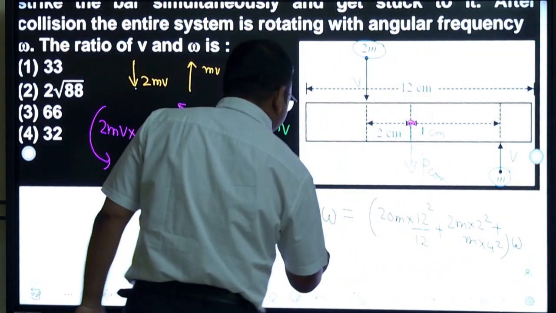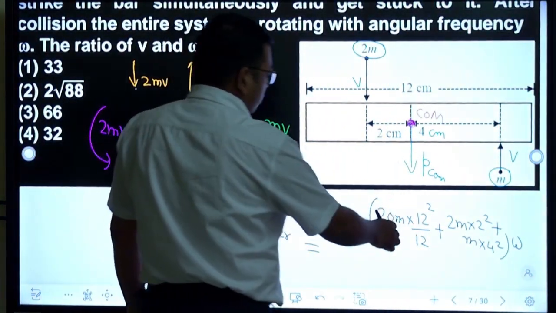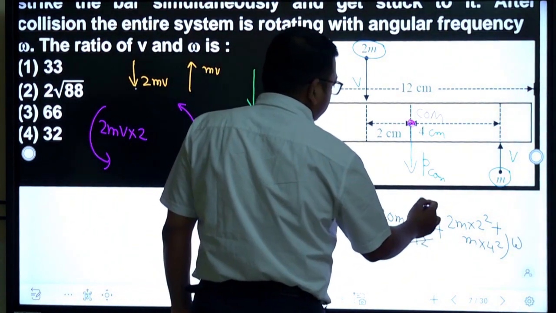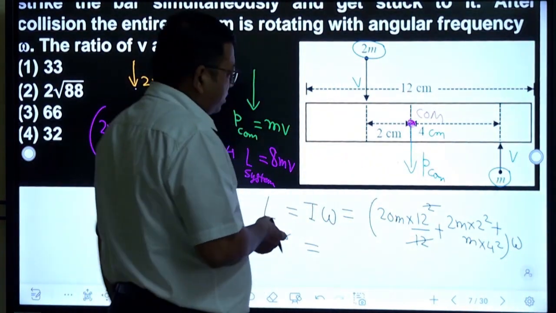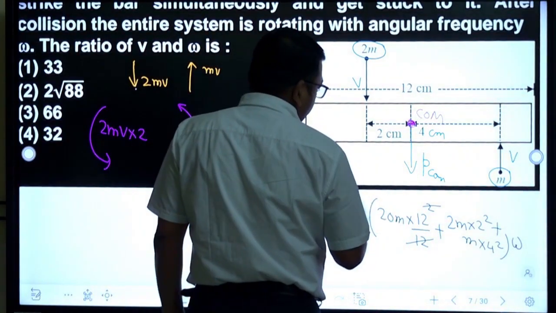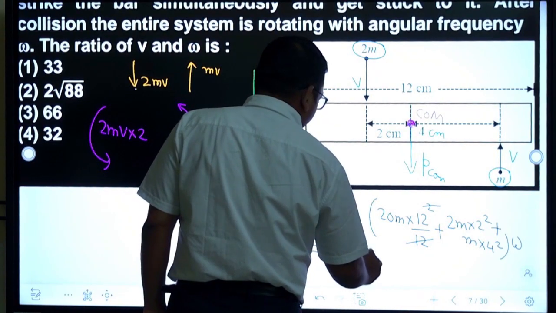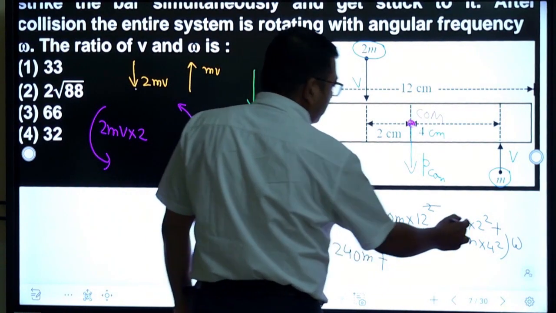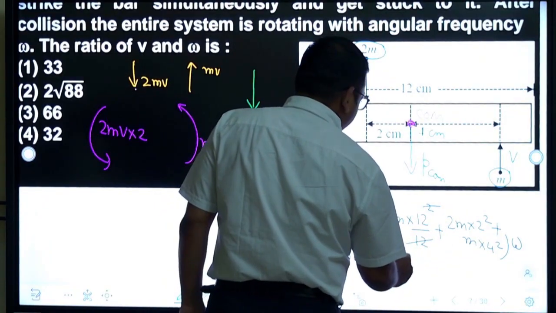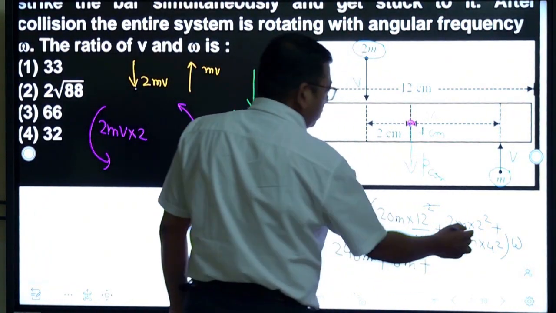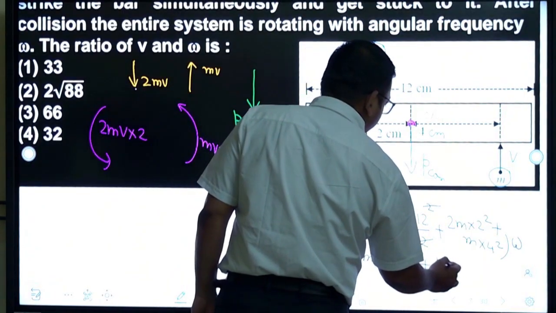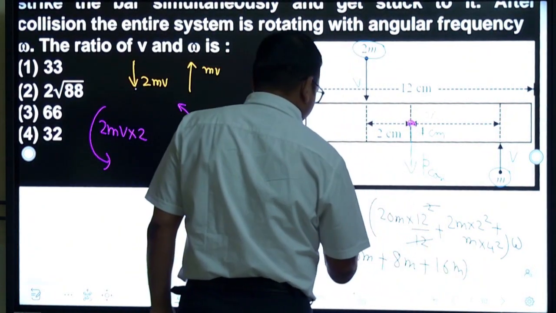Let us calculate how much it comes. The 12s will get cancelled here. Keep the units as they are. So 12 into 20, 240, 240 m plus 8 m plus 16 m, right, omega.